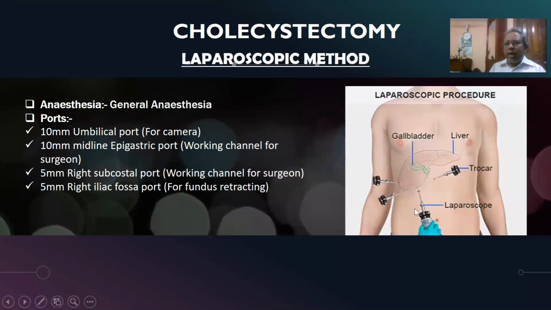Sometimes in the exam it is asked, what is the name of the gas inflated? The answer is carbon dioxide. Then the question is asked, why not oxygen? Why not nitrogen? Why not nitrous oxide? Why do you inflate carbon dioxide? The answer is, during cholecystectomy we use some diathermy, which causes some heat and electrical combustion there.